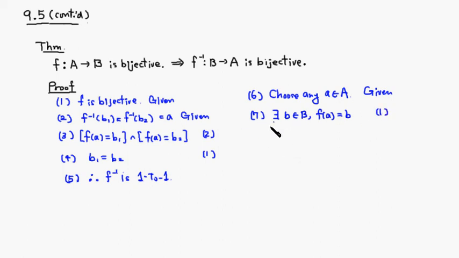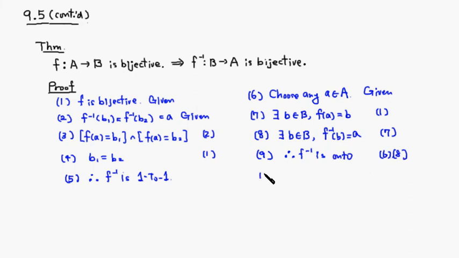Then I can rewrite that as 8: there exists b in B such that the f inverse of b is equal to a. That comes from 7. So this will establish that f inverse is onto, so it's 9. Therefore f inverse is onto. This comes from 6 and 8.